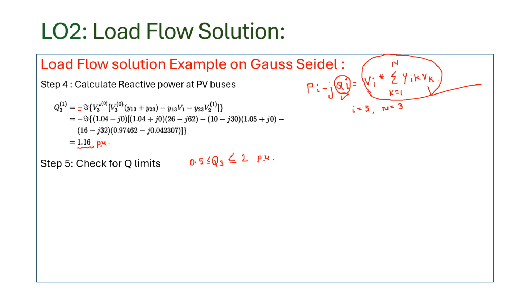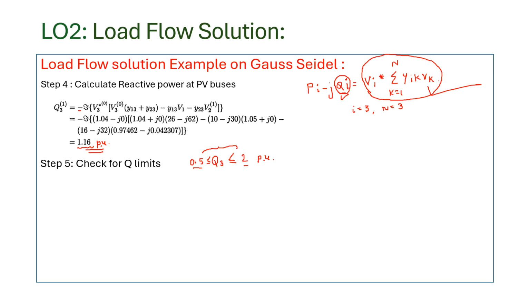So the reactive power at bus 3 should be at least 0.5 and at most 2. In the present case we have obtained it as 1.16. It means that it falls between this range of 0.5 and 2. So we can accept this bus as a PV bus, and we can proceed with the calculation of phase angle.